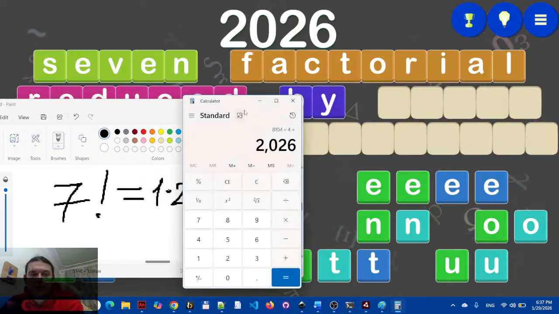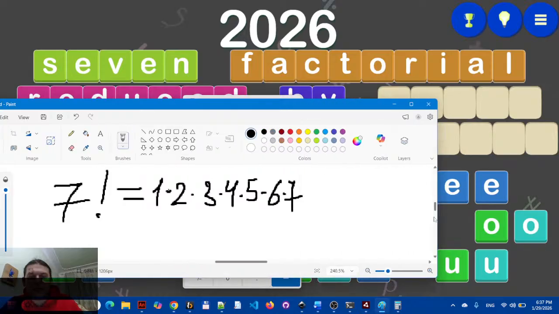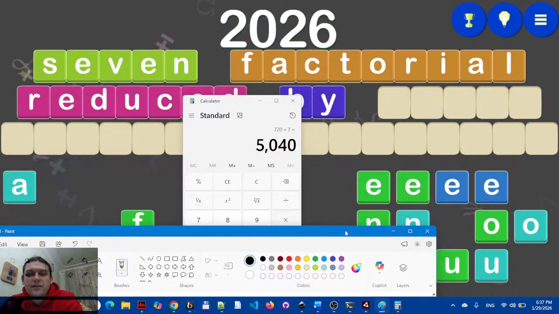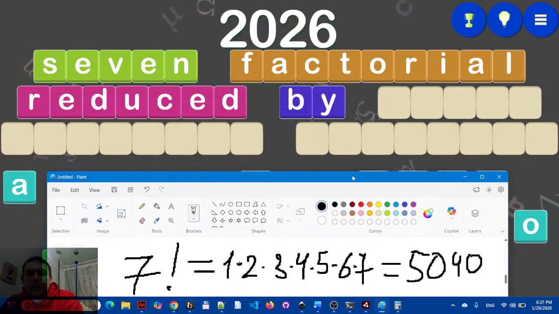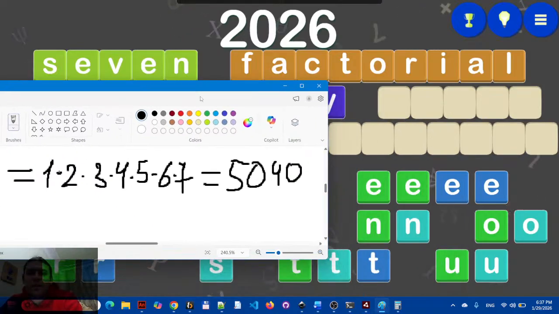So let's do the calculations. 1 times 2 times 3 times 4 times 5 times 6 times 7. It is 5040. So the remaining three words, it is 7 factorial reduced by the three words, and we get 2026.